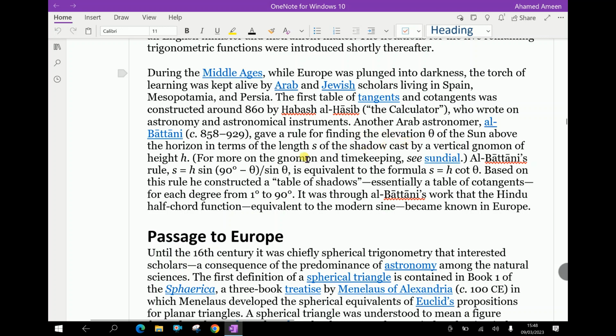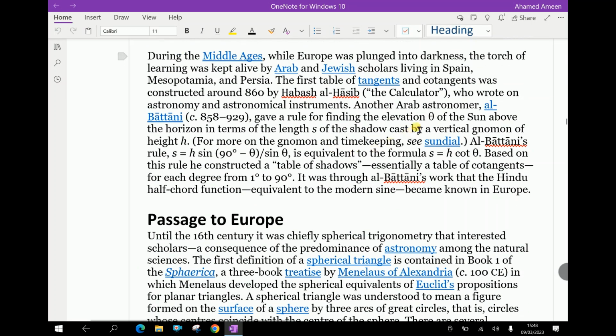Another Arab astronomer, al-Battani, gave a rule for finding the elevation theta of the sun above the horizon in terms of the length S of the shadow cast by a vertical gnomon of height h.